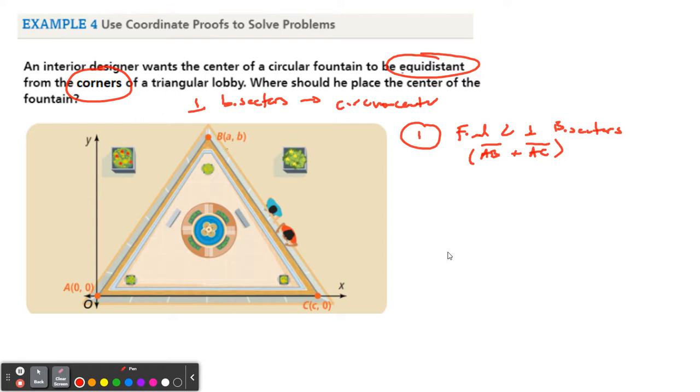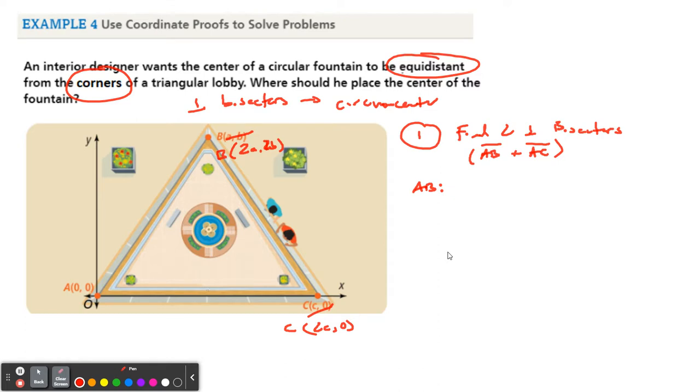So I'm going to change these coordinates to 2A and 2B, and then this to 2C, 0. So I hope that doesn't affect you too much here, but again, because I'm going to find midpoints, use the 2's. So when you divide by 2, it makes things easier. Okay, so let's find AB. And what I mean by AB, I mean the perpendicular bisector to AB.